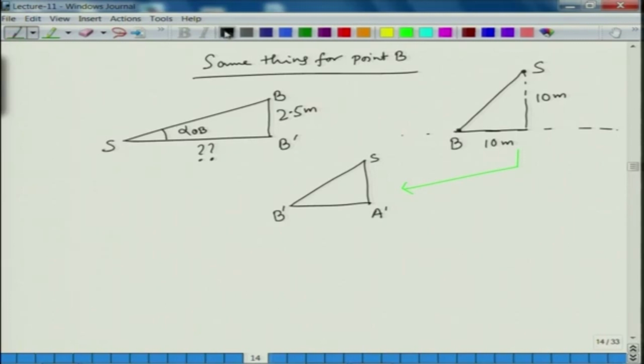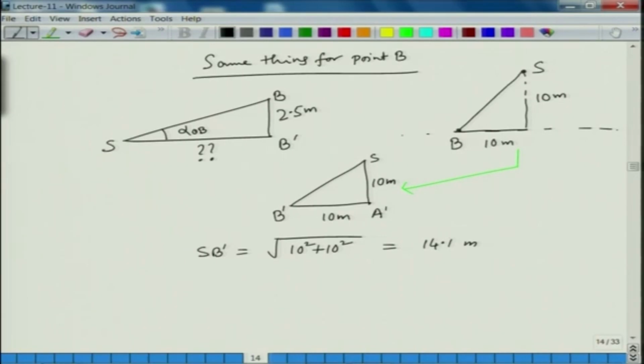Here, we know S A prime is 10 meter and A prime B prime is also 10 meter. So, we can find that S B prime is nothing but the square root of 10 square plus 10 square, from a right angle triangle. So, this is the value.